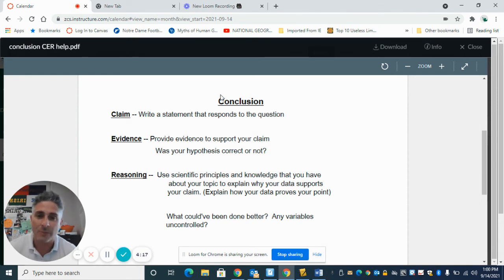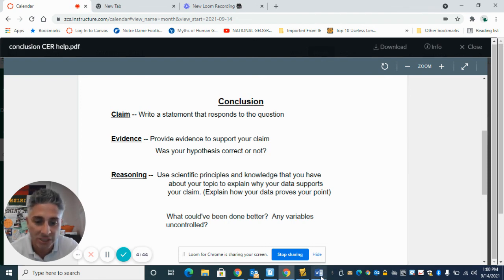We talked a little bit about this in class with surface tension, about how water molecules are somewhat sticky and they hold together pretty well. But by adding something that loosens the surface tension, but if you add too much, or I don't want to explain too much, so look up more. We know about surface tension a little bit in class, but hey, use your scientific knowledge and principles to explain why your evidence supports your claim.